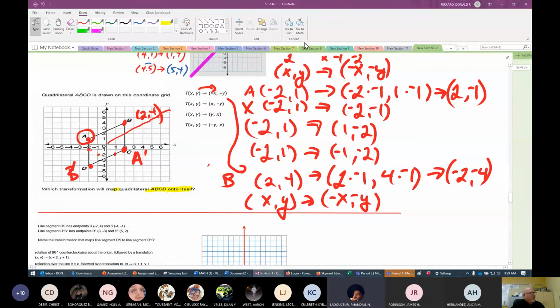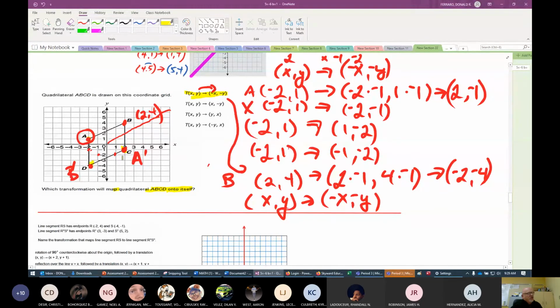So you've got to stay on the line of the shape. And again, the vertice A needs to map to another vertice. The vertice B, which is point B, needs to map to the other vertice.